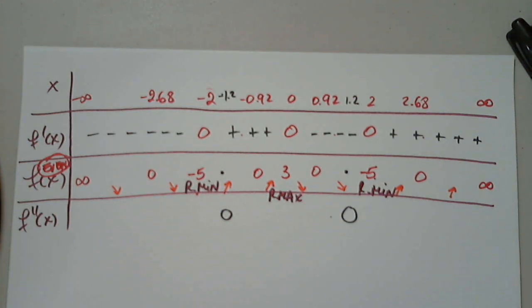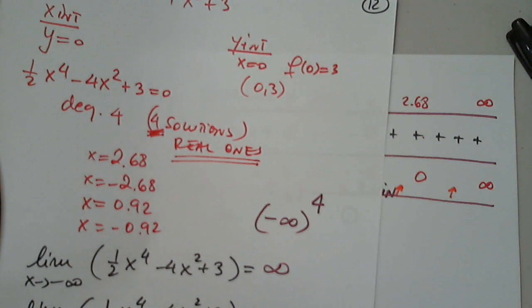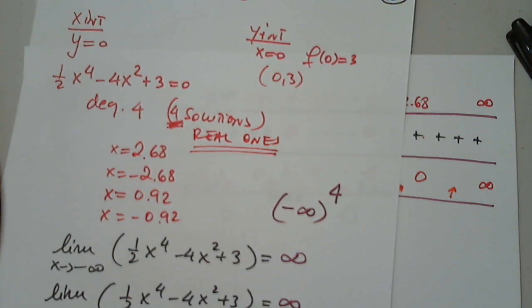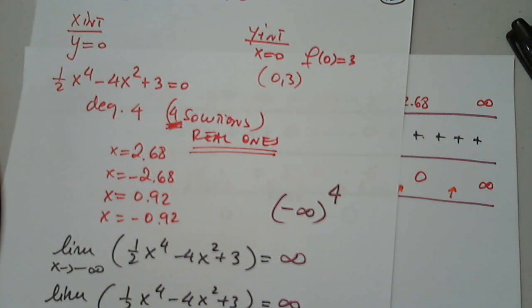So in the function, in y equals, now I will put the function. Who knows where the original function was? 10 pages ago. Okay, I'm going to put it in. So 0.5x to the 4th, and then minus 4x squared, and then plus 3.